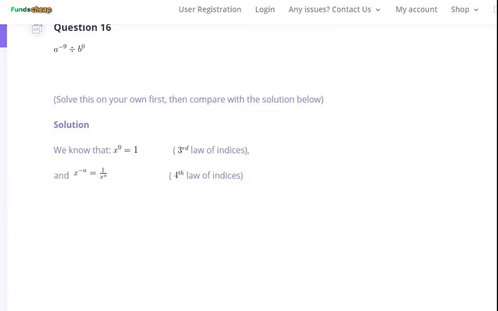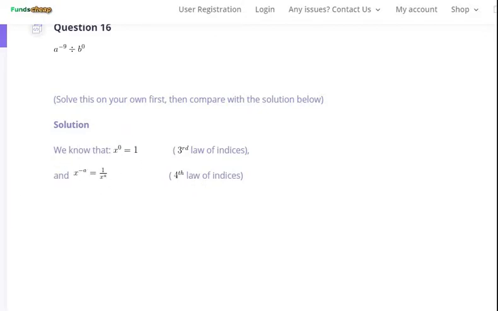The second law we'll be using says anything raised to a negative power is equal to 1 divided by both the variable and its exponent. So x raised to power minus a is equal to 1 divided by x raised to power a. That's the fourth law of indices. Now we're going to use these two laws to solve this problem.